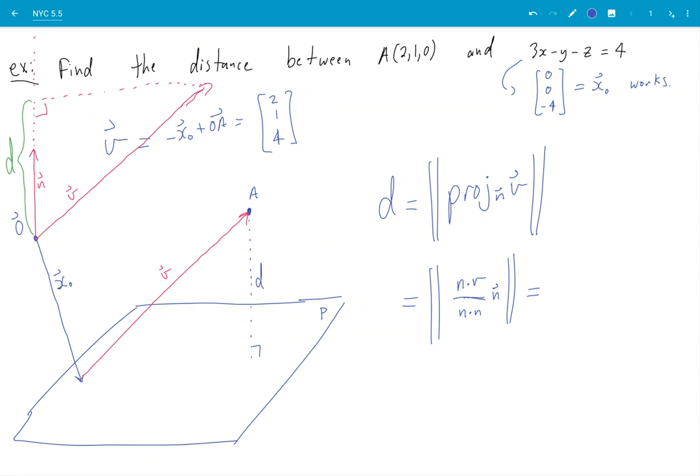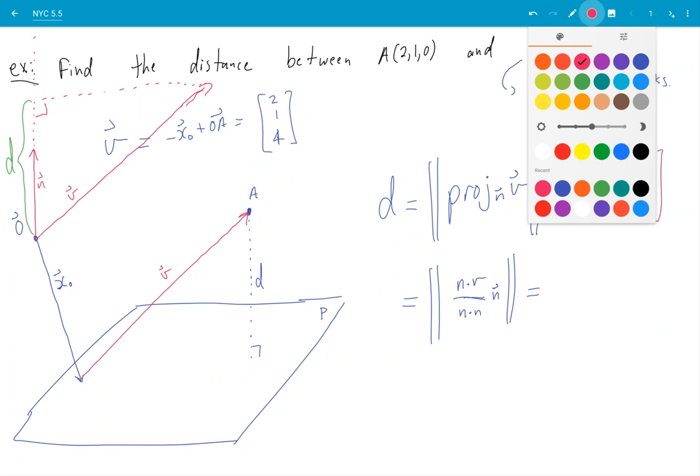Well, n can be extracted from the coefficients here. Okay, so the coefficients are 3, minus 1, minus 1. That's exactly my n that I can use.